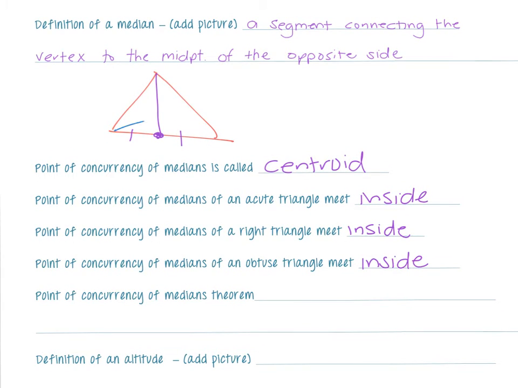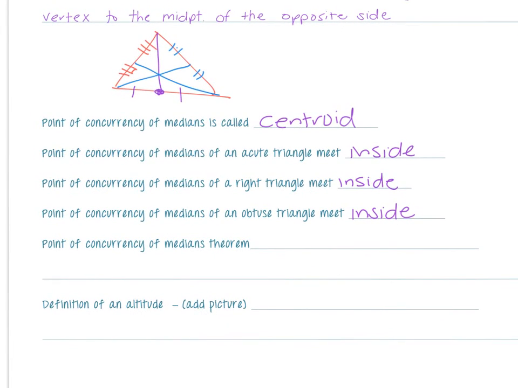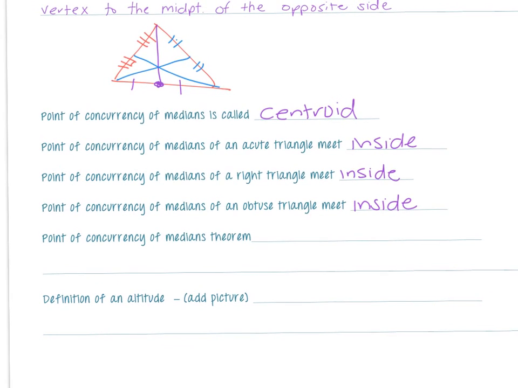If I were to draw the other medians here, there's something special about these medians, or where they meet at the point of concurrency. What's that theorem tell you? It's the 2/3 one, good.